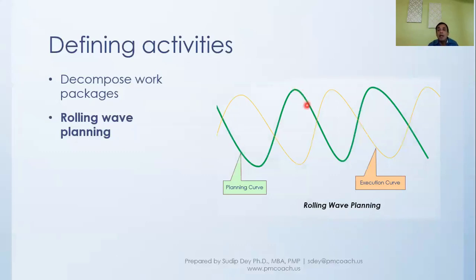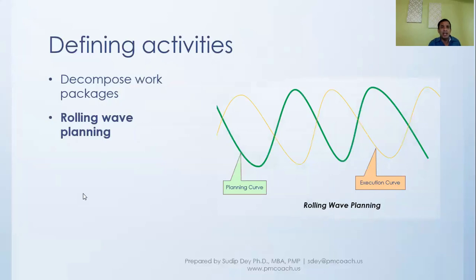At this point, planning goes down and our execution starts going up. So what you are seeing is that whatever is near-term activity, we plan in detail, and we go ahead and execute, and then when we reach the next stage, we plan in detail the next stage and go on and so forth. So this is what is called rolling wave planning.